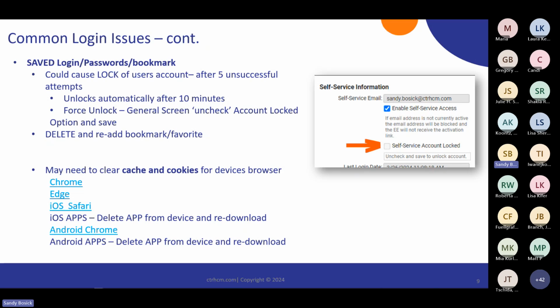But in the case of self-service users, it will automatically unlock after 10 minutes, or you can go in as administrators to the general screen, and where it says self-service account locked, there would be a check mark. Just simply uncheck that and hit save, and that would allow that employee to try logging back in again.